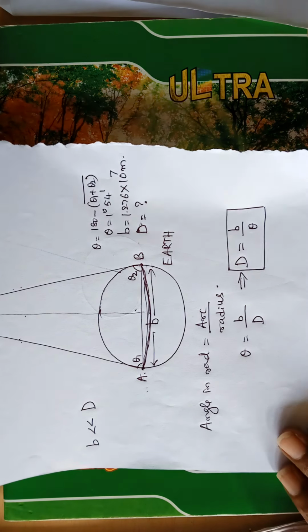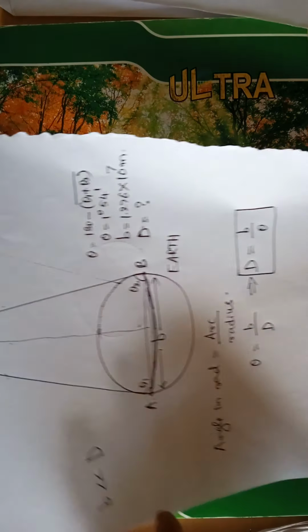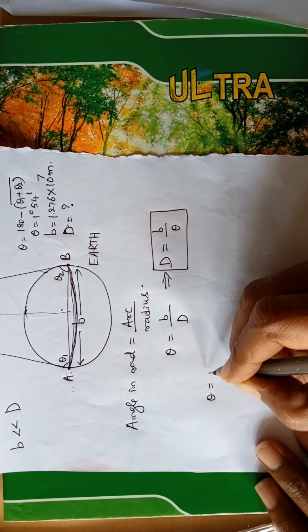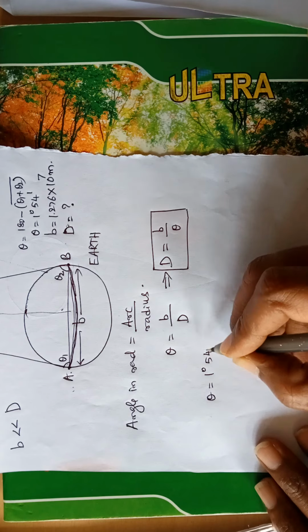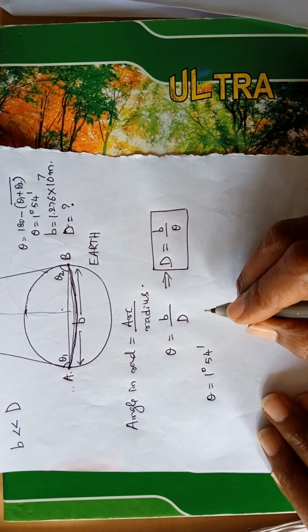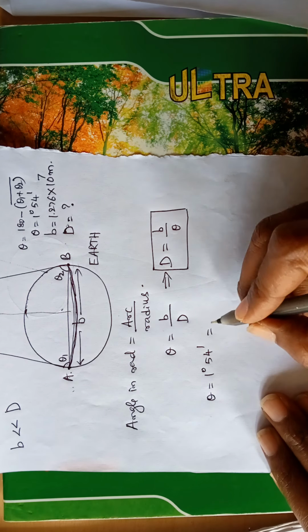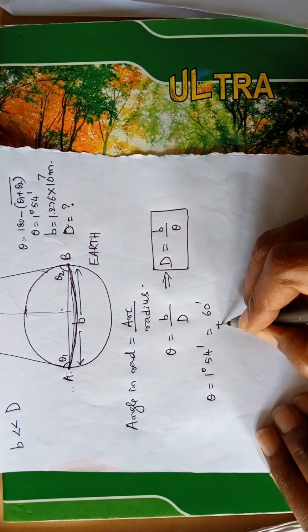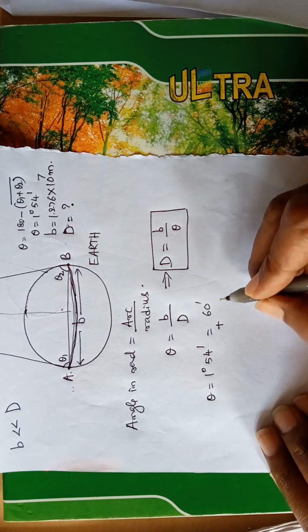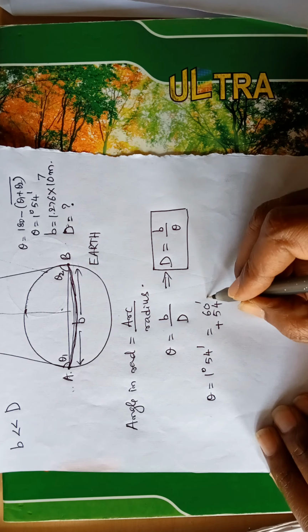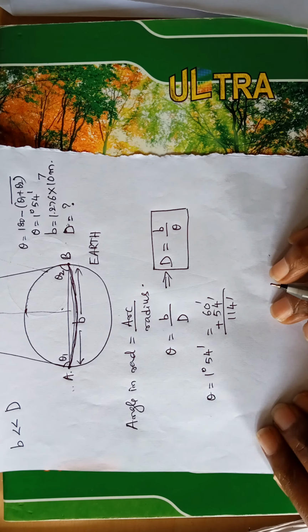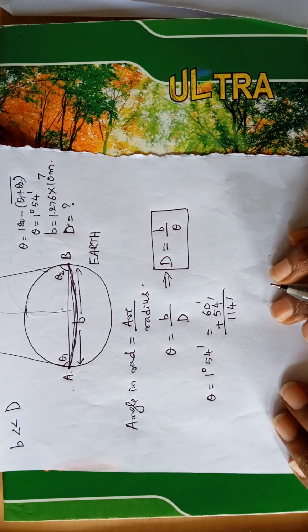Okay, let us take theta value. Theta is equal to 1 degree 54 minutes. 1 degree means 60 minutes and extra 54 minutes. So 114 minutes.